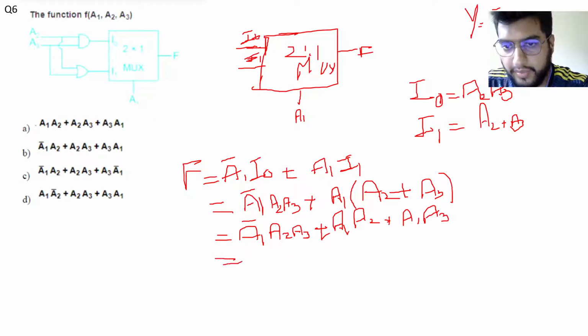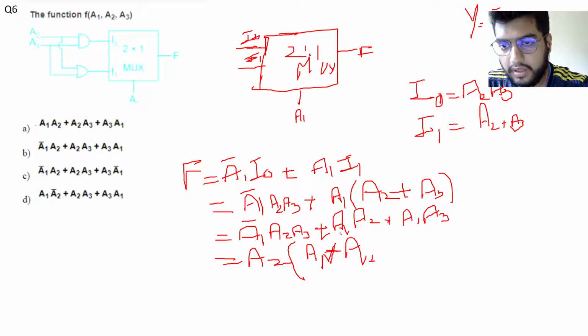Taking A2 common between the first two terms, we get A2 times (A1 plus A1 bar A3), and the other term is A1 A3.